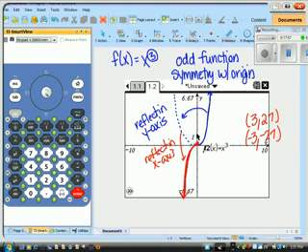And that's really what symmetry with the origin means. It's really a reflection in the y and then the x. Or you could reflect it in the x and then the y. So odd functions have symmetry with the origin.